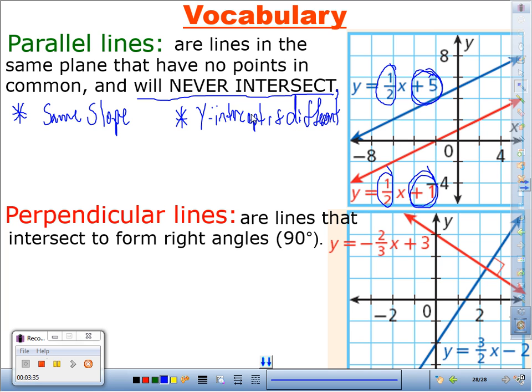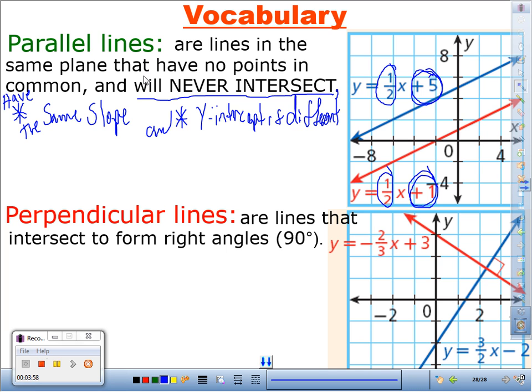So write this down, please. I want you to write parallel lines will never intersect. No, underneath the steps. Have the same slope and what else? What would be our full definition?